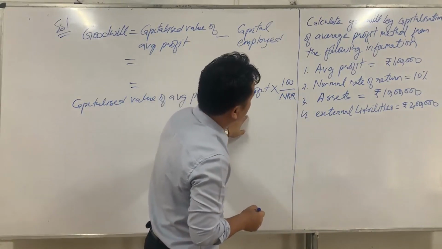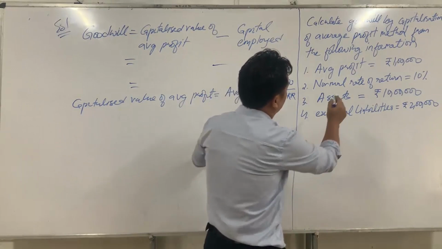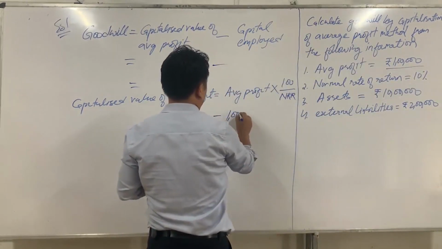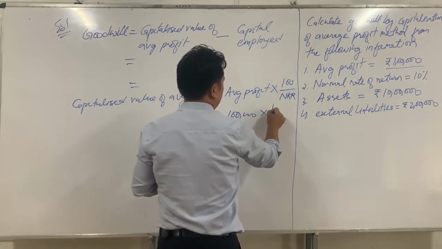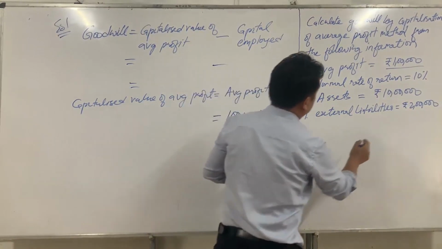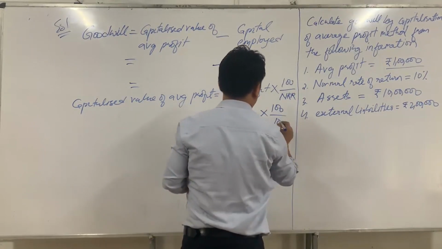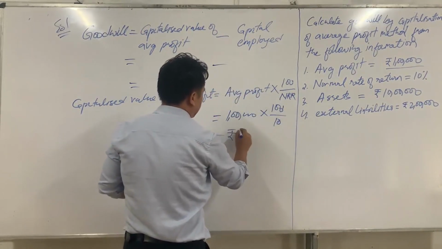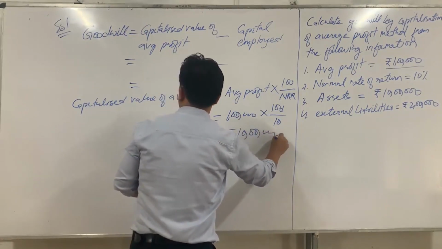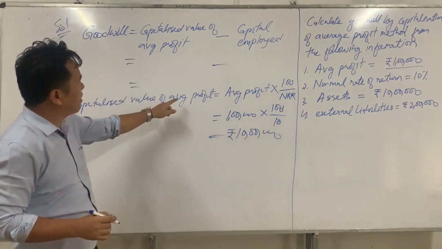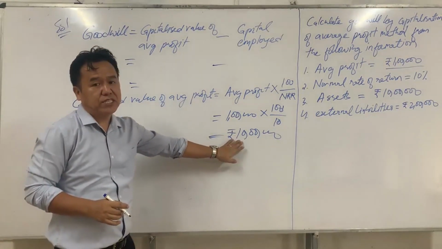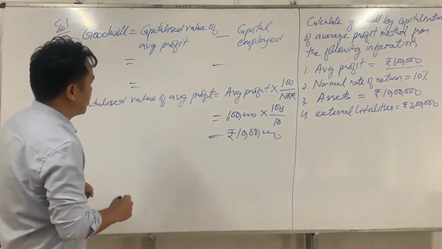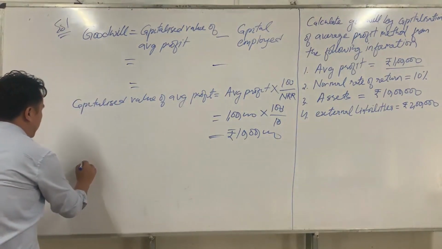Okay, what is the average profit of the firm? Here the average profit of the firm is rupees 1 lakh multiplied by 100. And what is the normal rate of return? 10. So how much did we get? This is 10 lakh. So the capitalized value of average profit is rupees 10 lakh, which is nothing but the market value of the firm. Okay, now we are going to find capital employed.